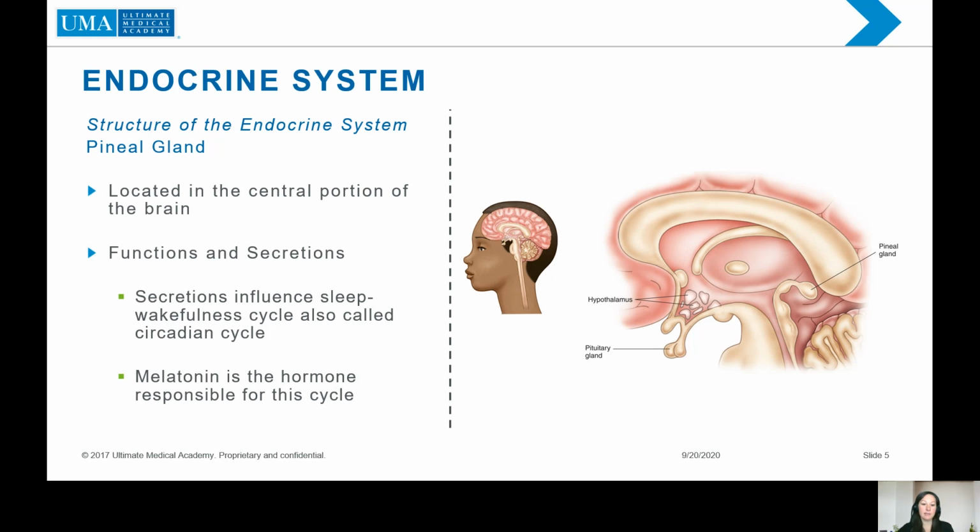Its secretions influence the sleep-wakefulness cycle, also called the circadian cycle. And then melatonin is the hormone responsible for this cycle. So as your body produces melatonin, it's telling you to sleep.